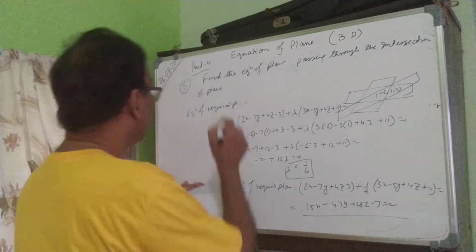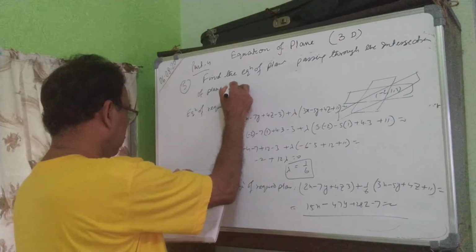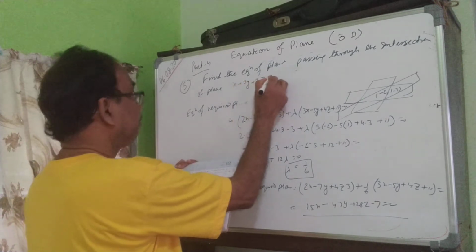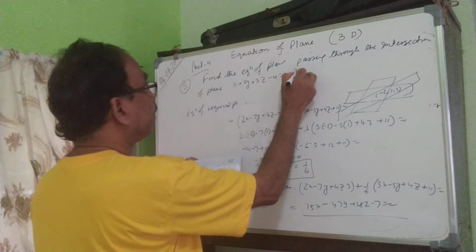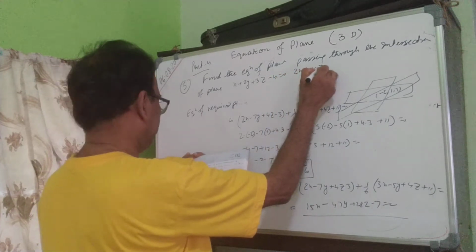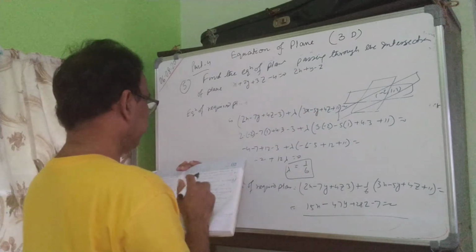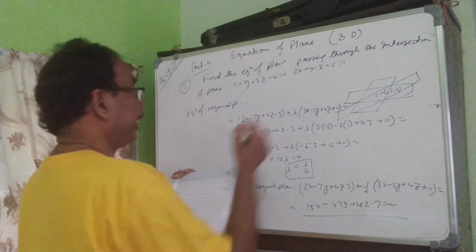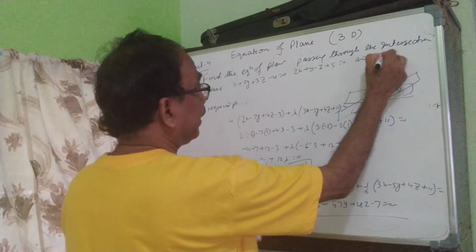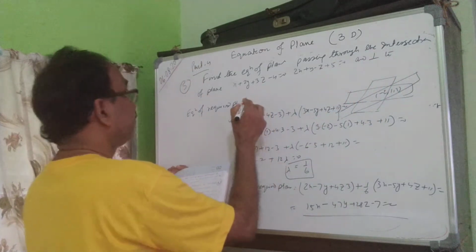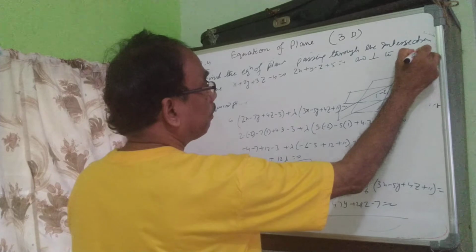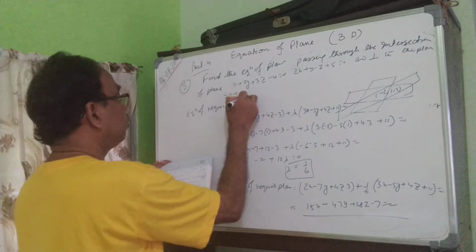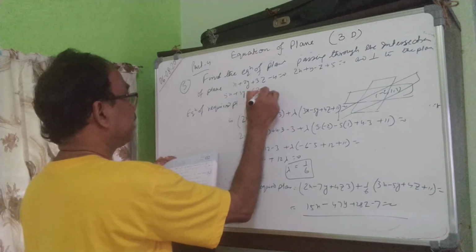Now it is given in Cartesian form. The two planes in Cartesian form are x plus 2y plus 3z minus 4 equals 0 and 2x plus y minus z plus 5 equals 0, and the required plane is perpendicular to the plane 5x plus 3y minus 6z plus 8.